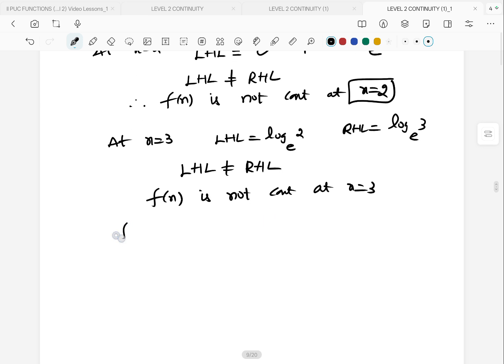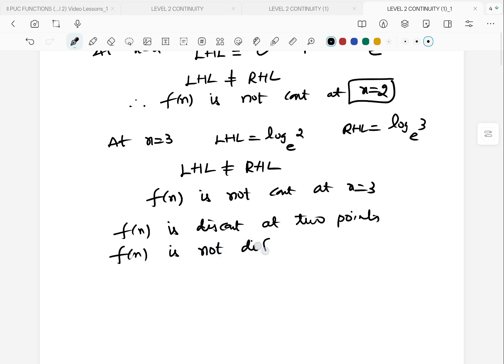So f of x is discontinuous at 2 points, which means f of x is not differentiable at these 2 points, x equal to 2 and x equal to 3.